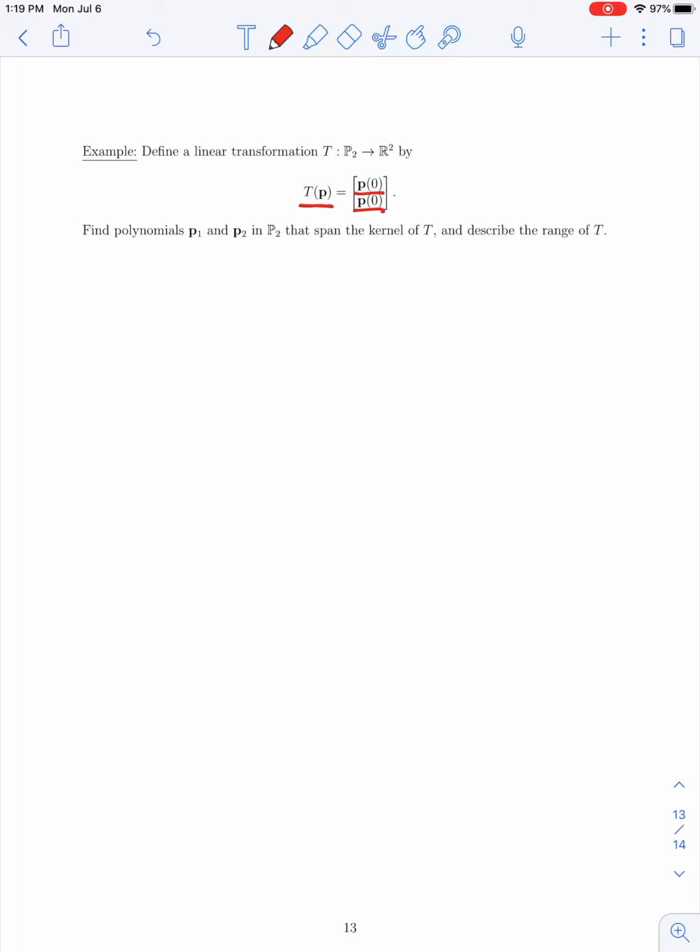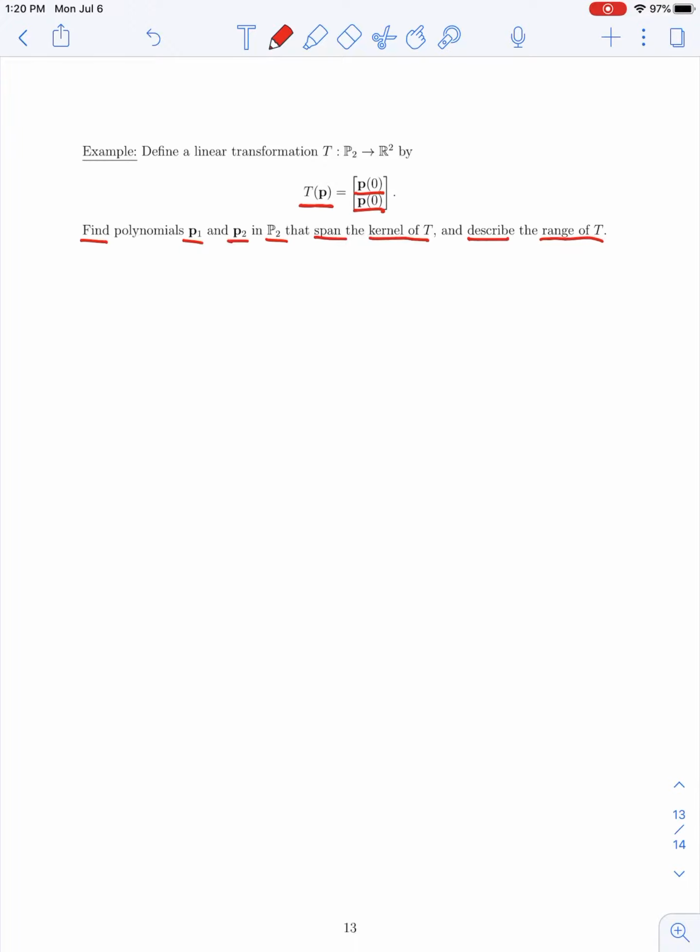So our two components have to equal each other, and they are equal to the value of this polynomial when t is equal to 0. So for this transformation, we are asked to find polynomials p1 and p2 in the set of second-degree polynomials or less, which span the kernel of the transformation T, and we want to describe the range of this transformation T.